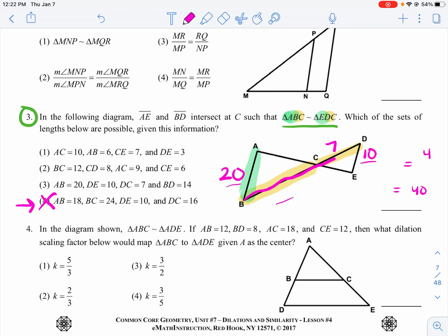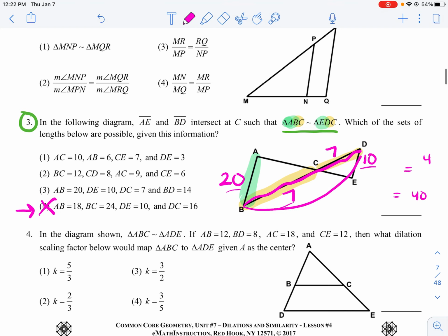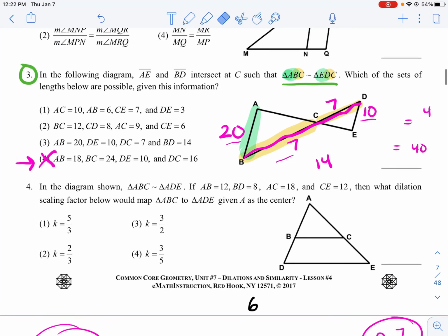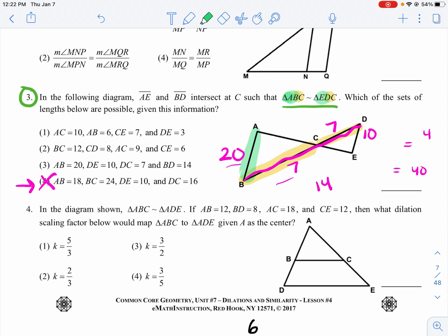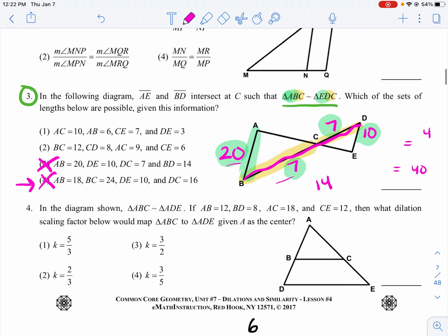Now all of BD would be 14, which I'm actually just going to put in what if I know this whole thing B to D is 14, that means that this piece here would have to be 7, right? 7 plus 7 is 14. Is this possible though, guys, that we could have something doubled, right? This 10 should double to 20, but are these doubling, guys? No. So it's not going to be that choice.